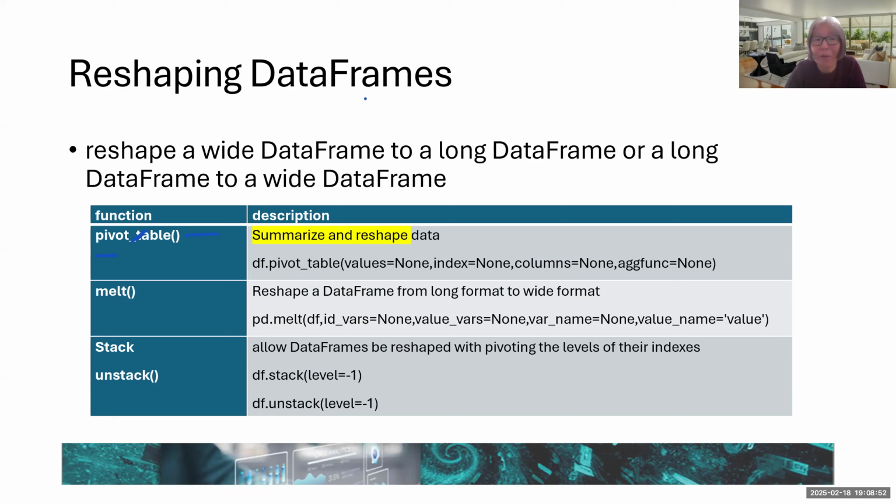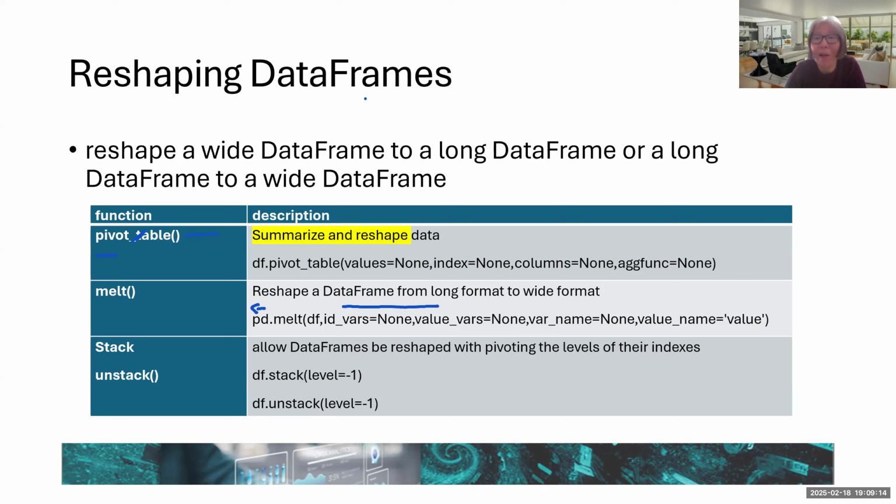The second is melt. Melt reshapes the data from wide to long format. And there are two other functions called stack and unstack. These allow data frame reshaping by pivoting the levels of the index.